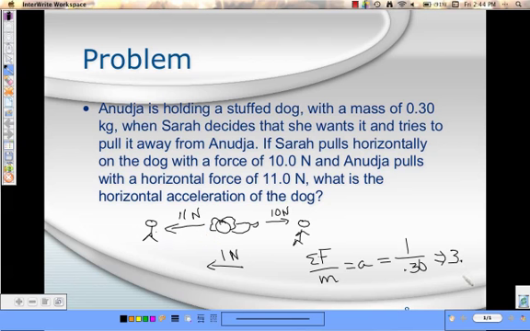So we just have 1 significant figure, right? Oh, 10.0. Yep, so it'd be 1.0. 3.3. Yep. Meters per second squared. Good.